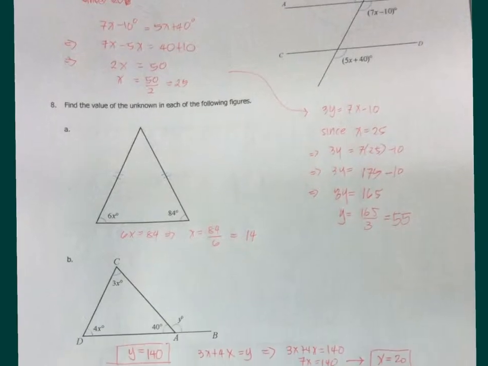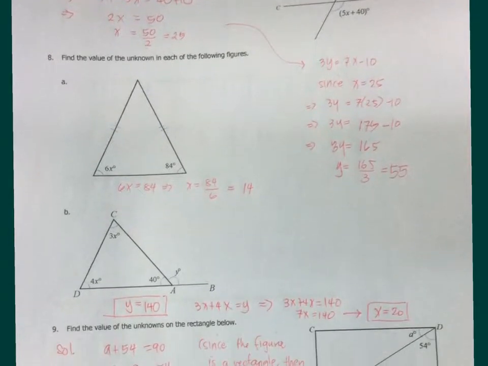Okay, in number 8, you have to take note of some symbols. When you see symbols like this, it indicates the same measure in terms of the sides of the triangle. So this side of the triangle is equal to this side of the triangle in measure.